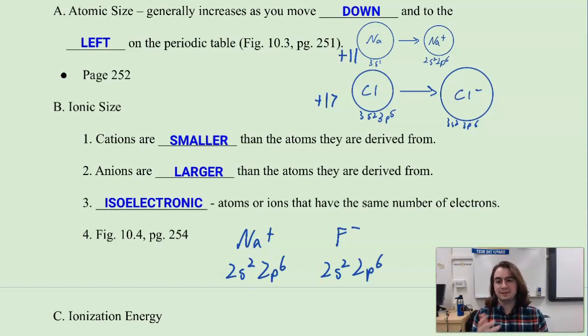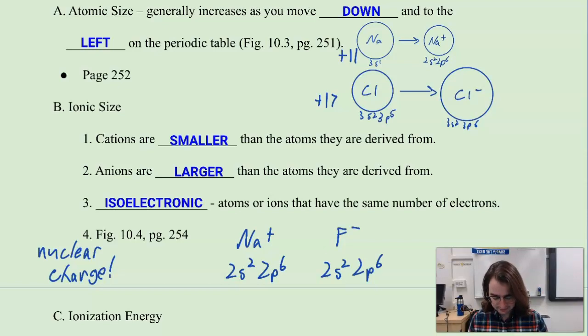So when we're talking about isoelectronic elements, this is when we have to think about nuclear charge. I'm going to write that term down so you have it. Nuclear charge. Nuclear charge is the idea of the number of protons in the nucleus. So again, sodium has a nuclear charge of 11, fluorine has a nuclear charge of 9, which means that fluorine doesn't have as many protons to pull things down with.